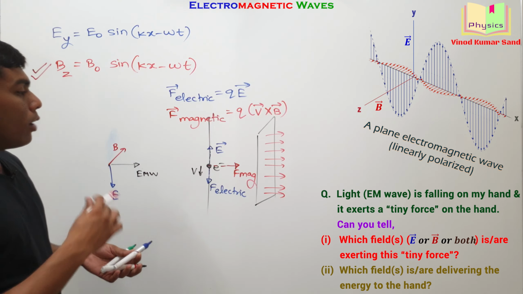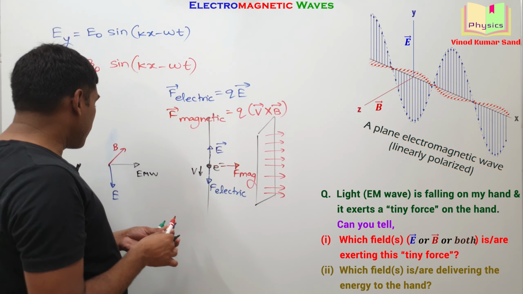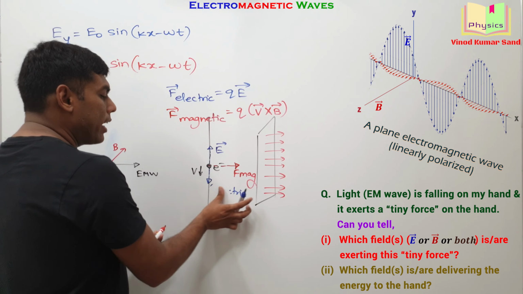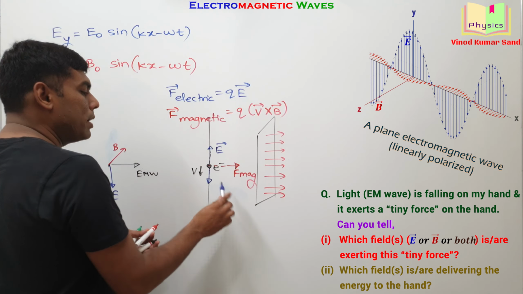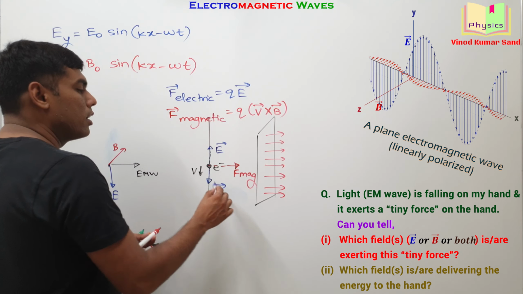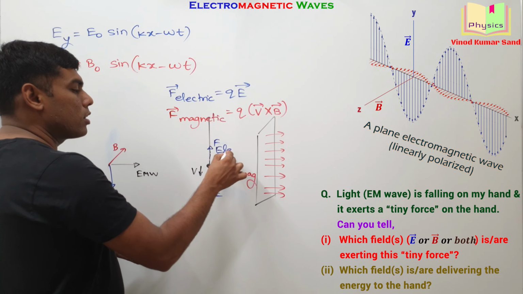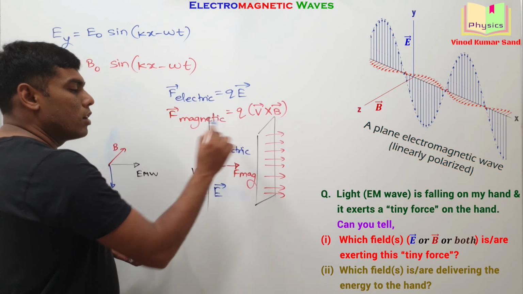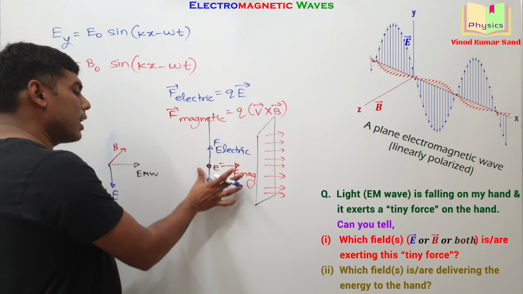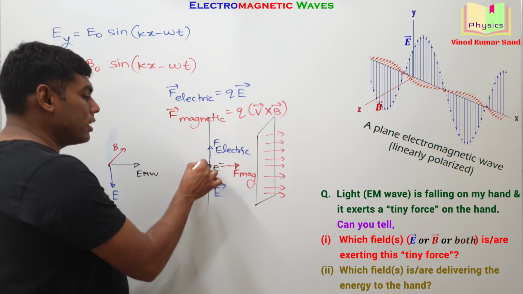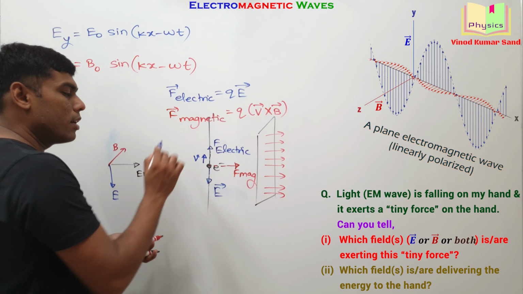Now we try the things again. The electric field is in the downward direction. So the electric force will be in which direction? We know that the electric force will be in the upward direction. Due to this electric force, the electron will gain a velocity in this direction, let's say.